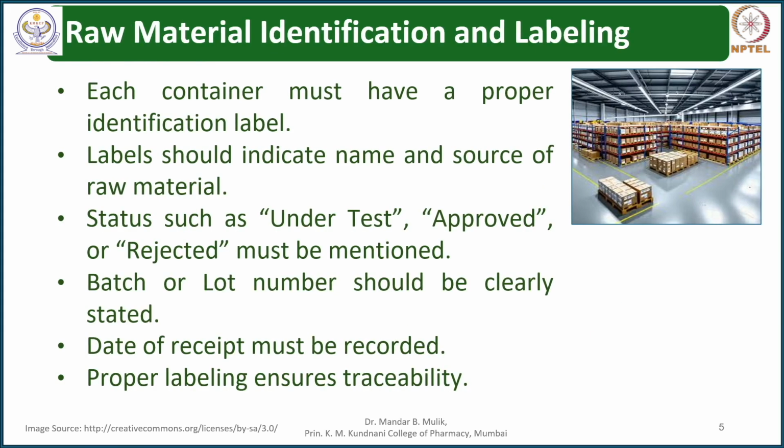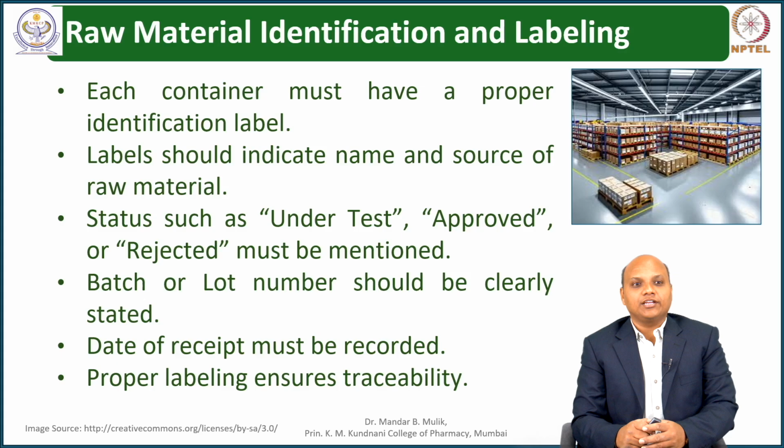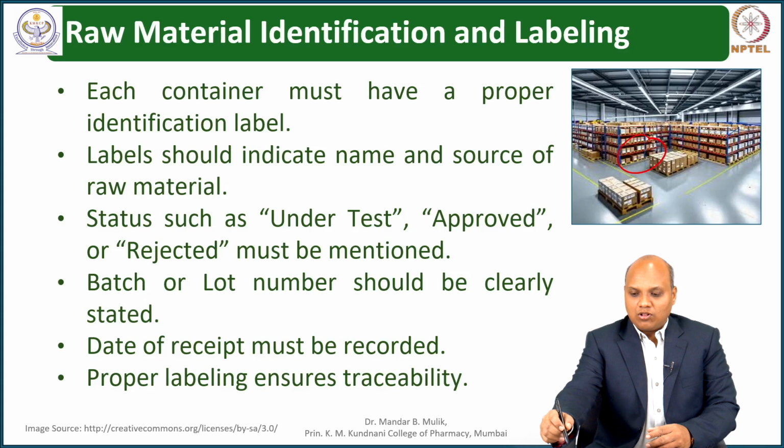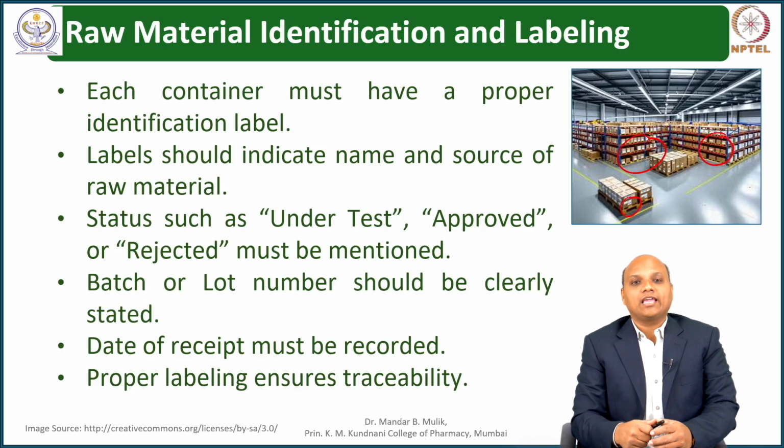Raw material identification and labeling. Each container must have a proper identification label. Now, in the image you can see all the containers are properly labeled so that they can be identified and, as and when needed, can be processed into the final product.